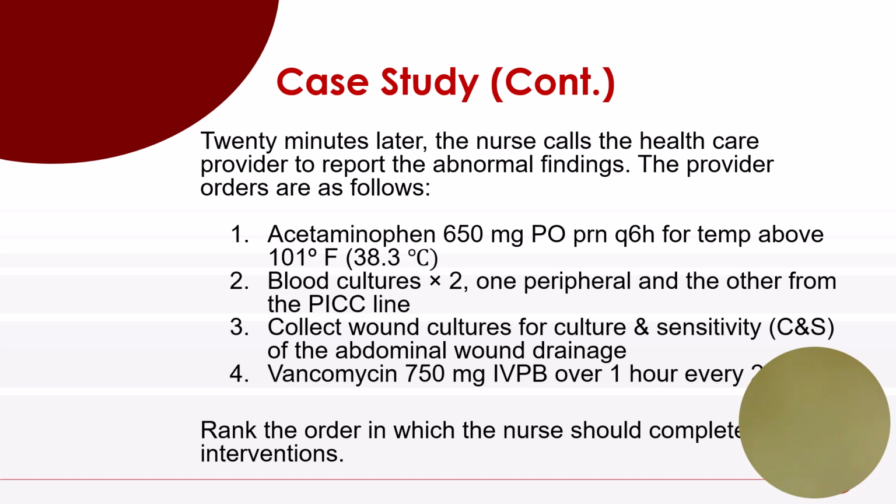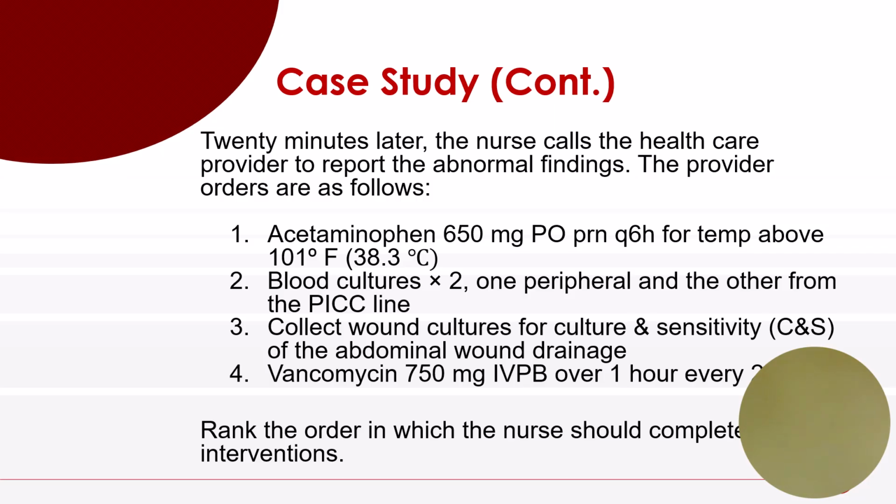Collect wound cultures for culture and sensitivity of the abdominal wound drainage. And vancomycin, 750 milligrams IVP over 1 hour. And this is usually a twice a day thing. So rank the order in which the nurse should complete these interventions.